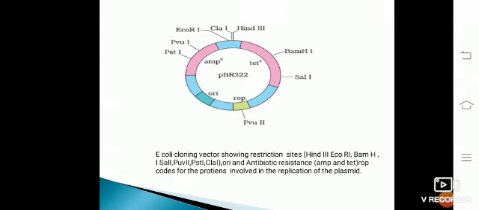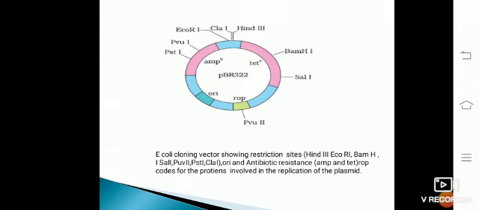It also possesses unique recognition sites or cloning sites. The unique sites are PstI, PvuI, BamHI and SalI. PstI and PvuI are located within the ampicillin gene. It means if foreign DNA is inserted in the PstI or PvuI site, it loses ampicillin resistance.